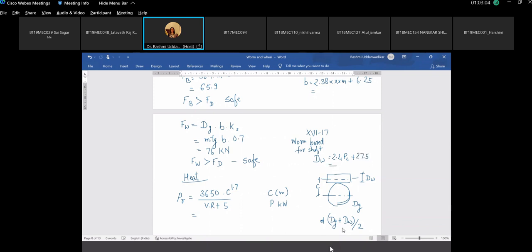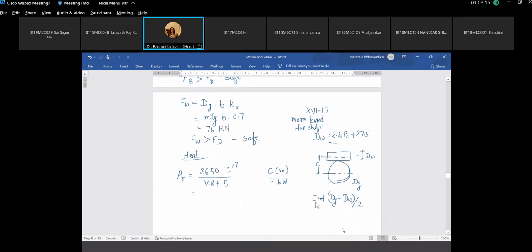Give me dw, the value of dg, and the value of center distance. From the center distance in millimeters, convert this C into meters. Give me the value of rated power from the empirical relation.